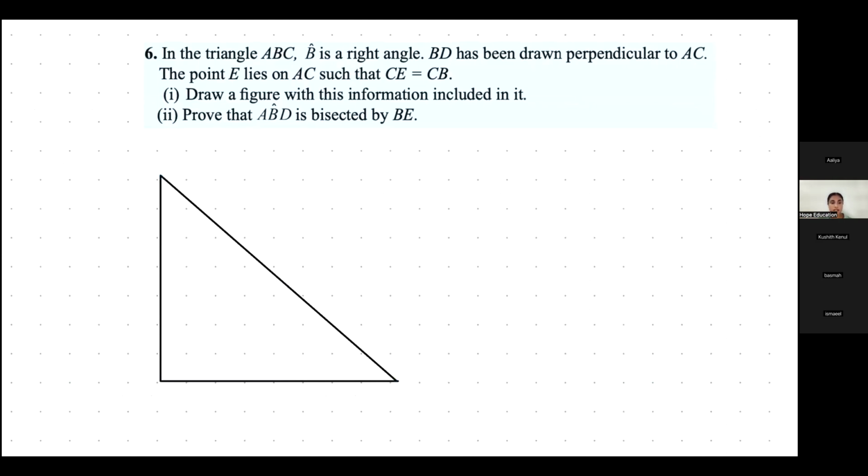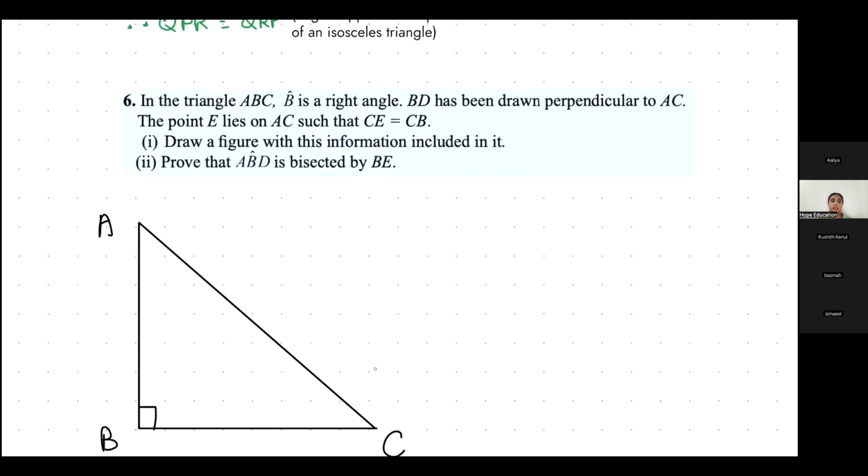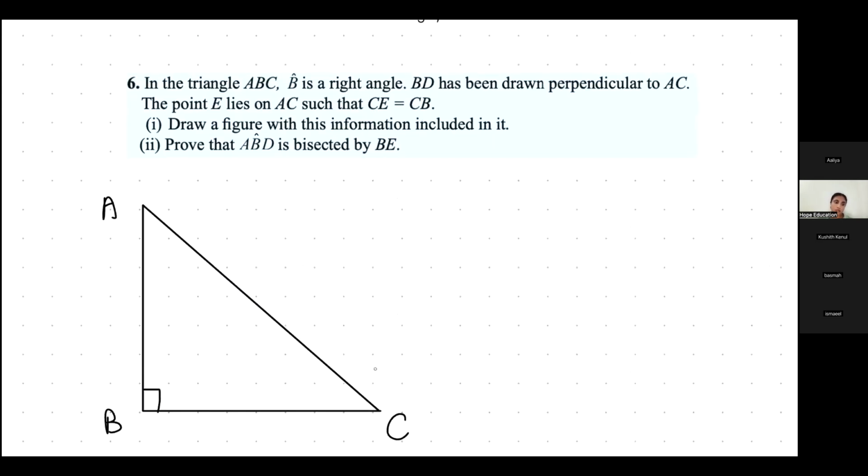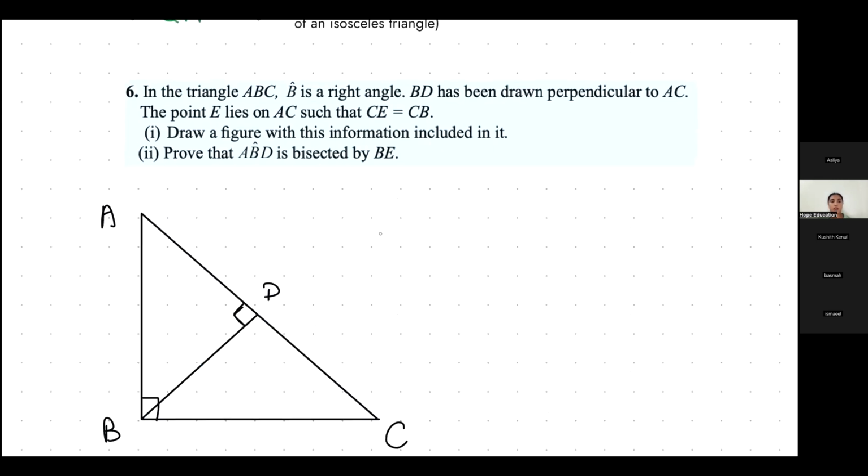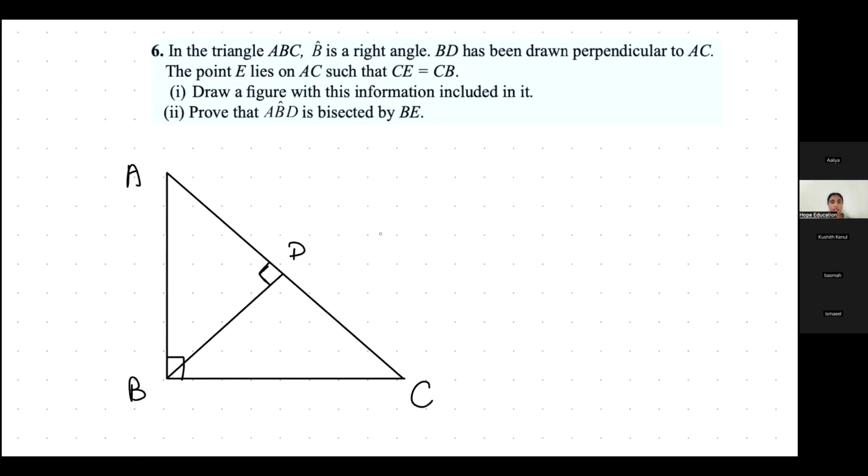So let's say this is B, this is the right angle. This is A. In my triangle, this is C. BD has been drawn perpendicular to AC. The point E lies on AC such that CE equals CB.